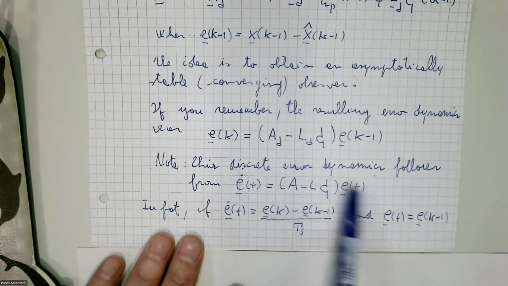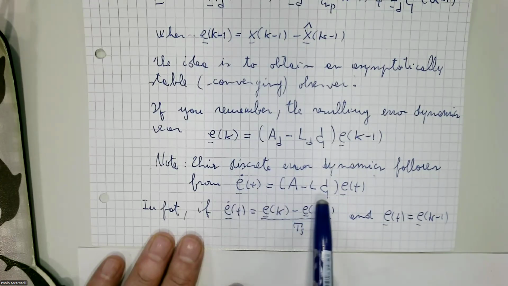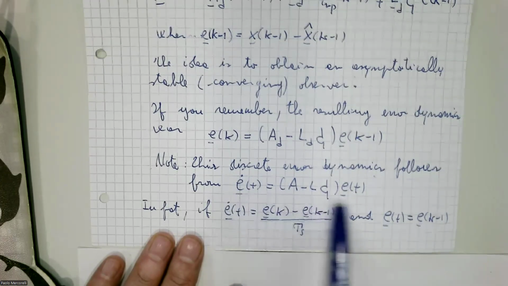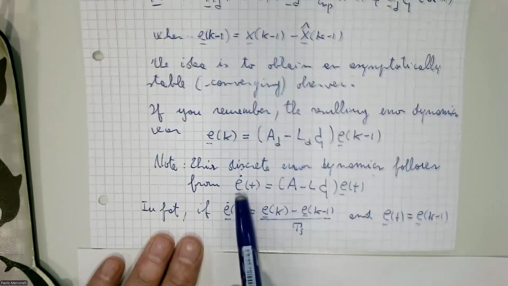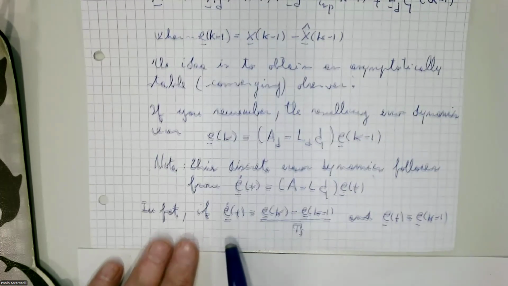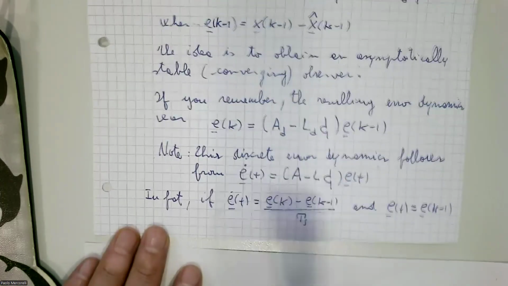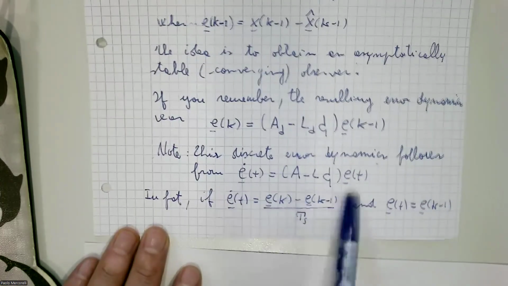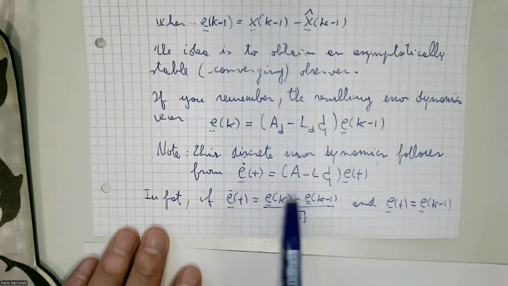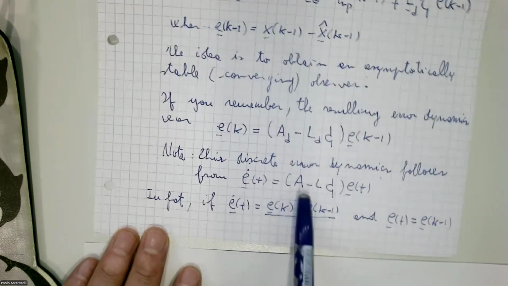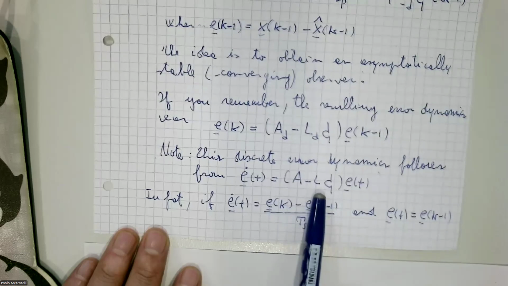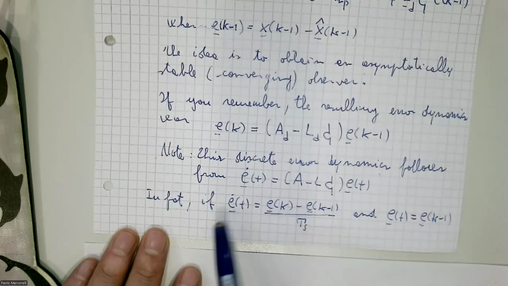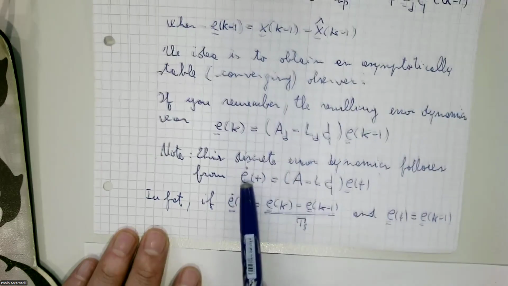I will show it in two slides from another presentation. But assuming that this works in continuous time, if I discretize this, we will see later where this comes from. In continuous time, we don't have any discrete elements. AD is not there, LD is not there. We have A and L, everything continuous, because we have the derivative over there.